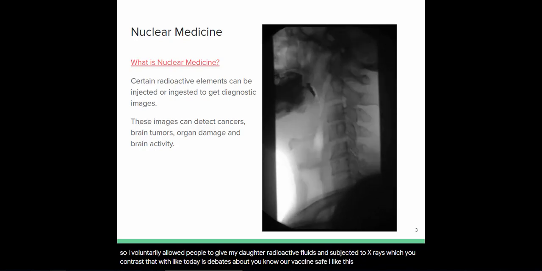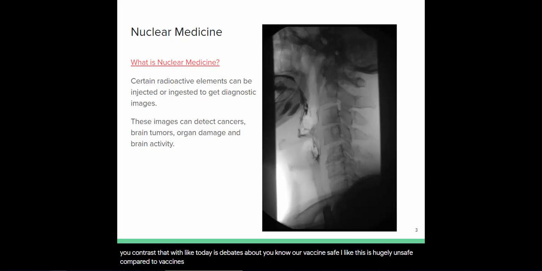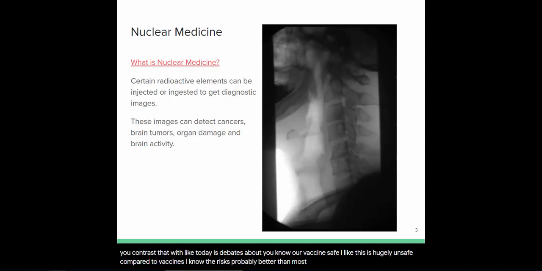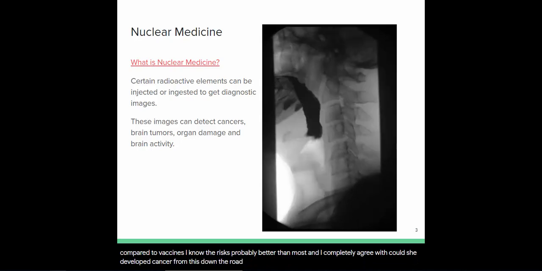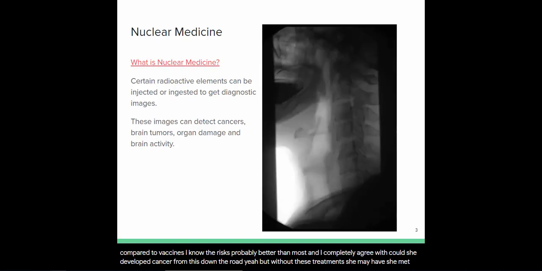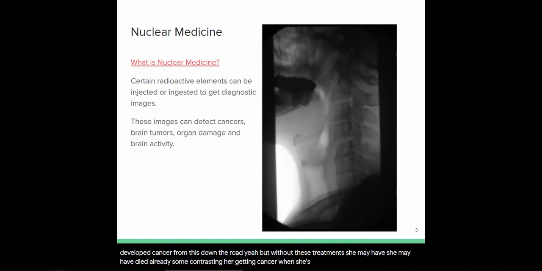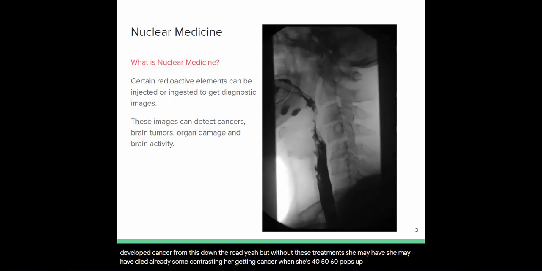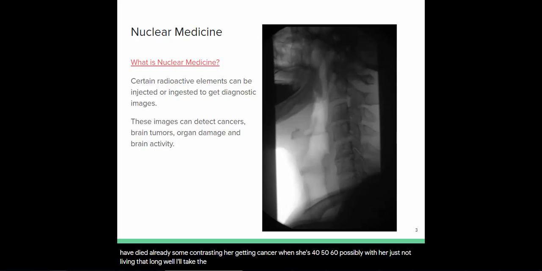This seems hugely unsafe compared to vaccines. I know the risks, probably better than most, and I completely agree with them. Could she develop cancer from this down the road? Yeah. But without these treatments, she may have died already. So I'm contrasting her getting cancer when she's 40, 50, 60, possibly, with her just not living that long. Well, I'll take those risks.